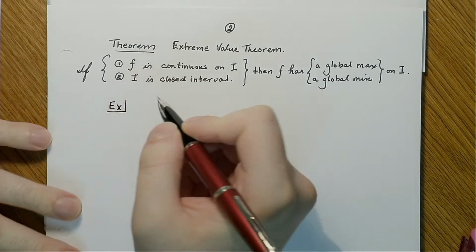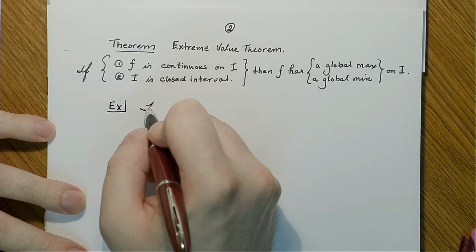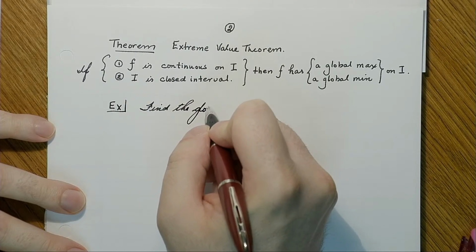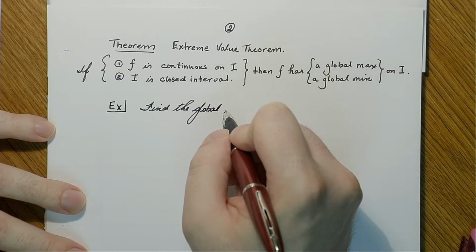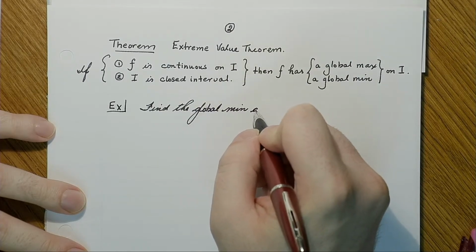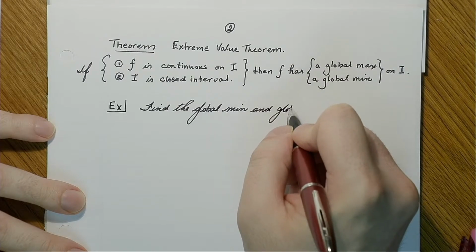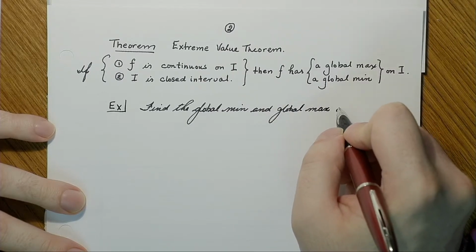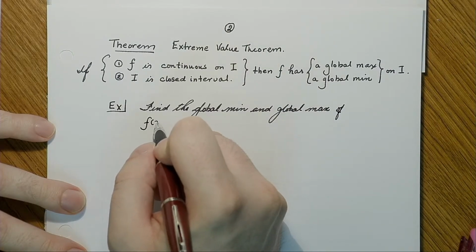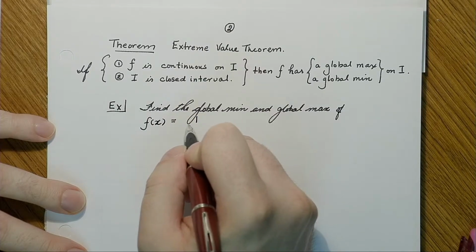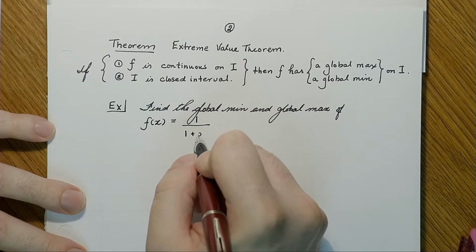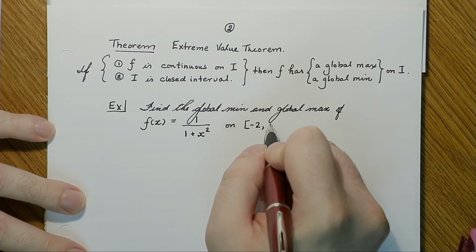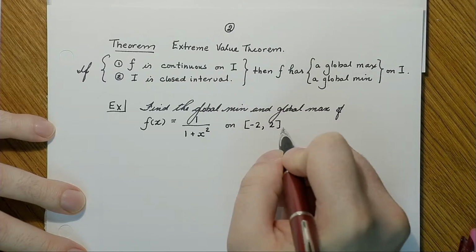Here's an example: find the global minimum and maximum of this function, 1 over 1 plus x squared, on the closed interval minus 2, 2.